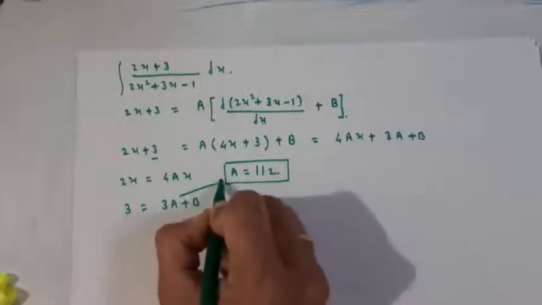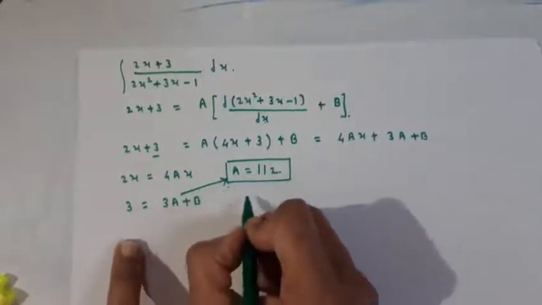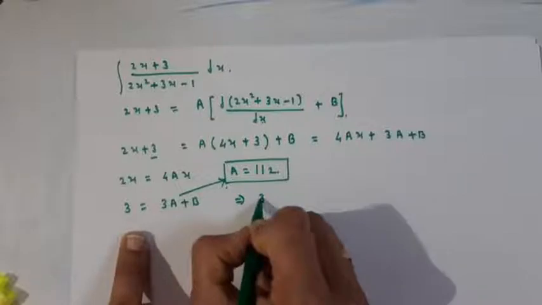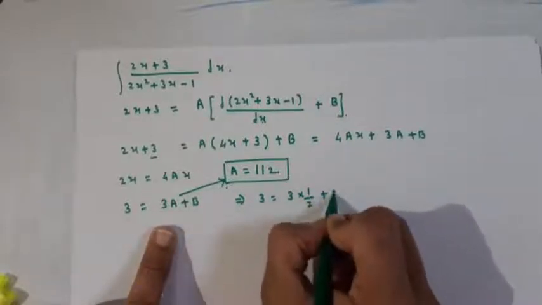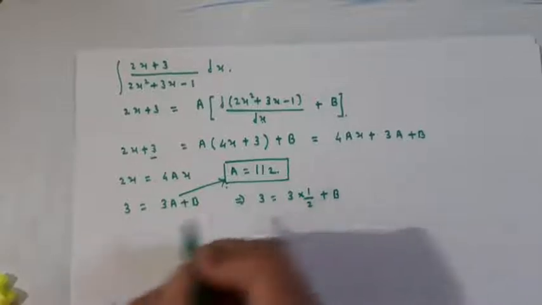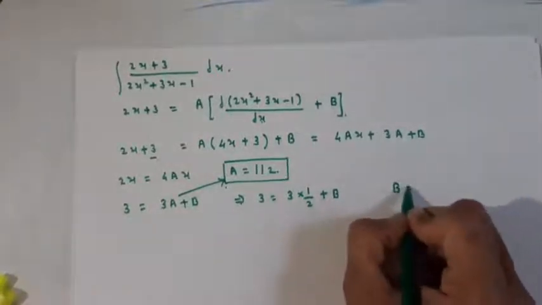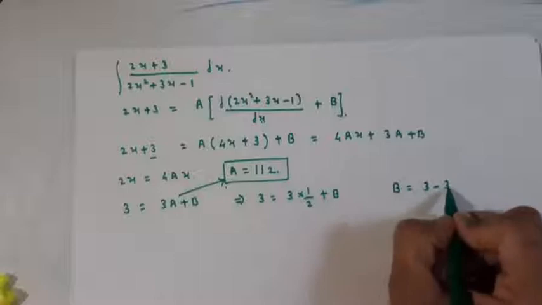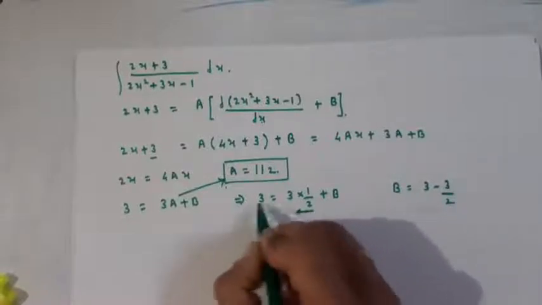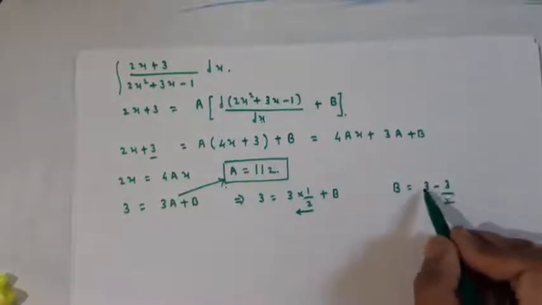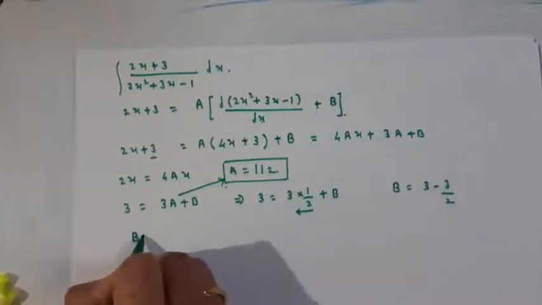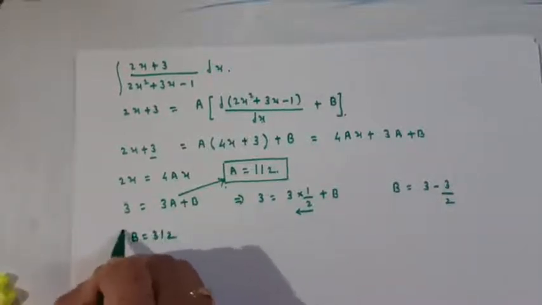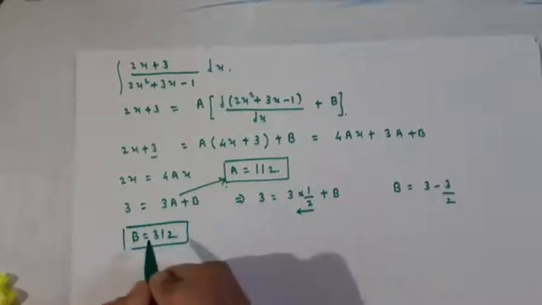Put the value of a, we will get 3 equal to 3 into 1 by 2 plus b, and therefore b equal to 3 minus 3 by 2. Shift the term to that side, we will get 6 minus 3 is 3 by 2, and hence value of b is 3 by 2.